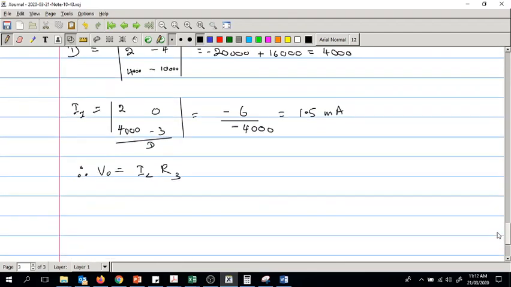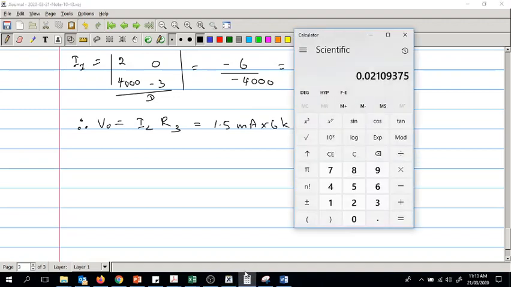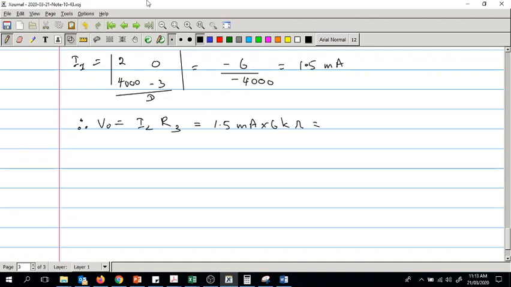So 6K, which is equal to 1.5 milliamperes into 6 kilo ohms, which is, milli and kilo cancel out, so 6 into 1.5, which is 9, right? So we get 9 volts there.